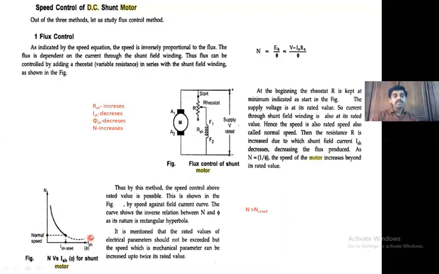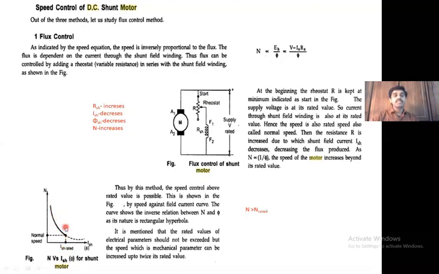So we can observe here at rated current, that means when R is at minimum value, at this position, rated field current flows. In this case, the speed is normal speed. As the resistance increases, the current in the field decreases, and when the current in the field decreases, the speed increases.